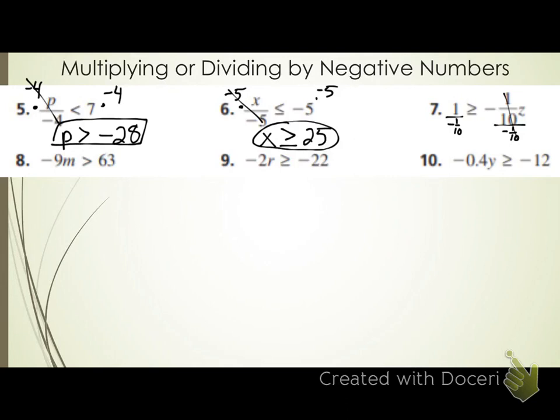One divided by negative 1/10 gives me negative 10. Good job. Symbol flip or stay? Flip. I divided both sides by a negative, so it's got to flip. Questions on 7?